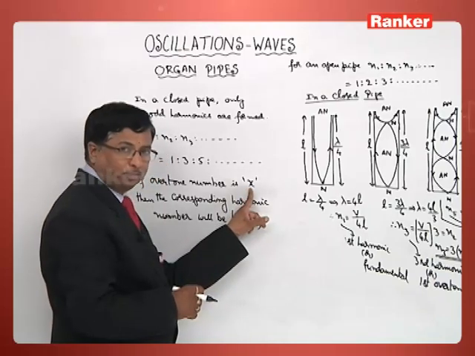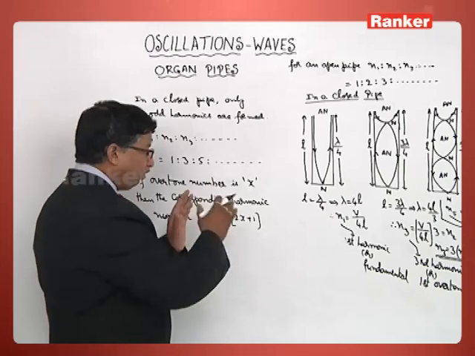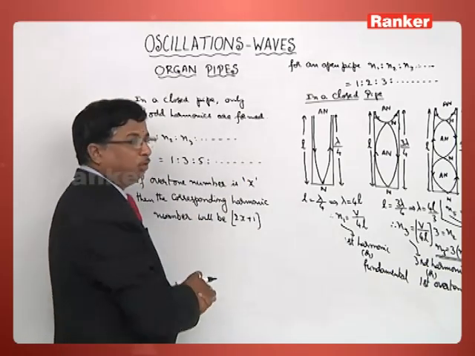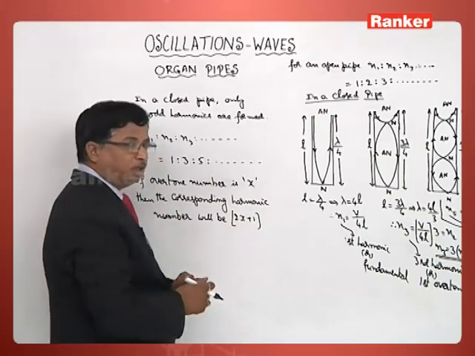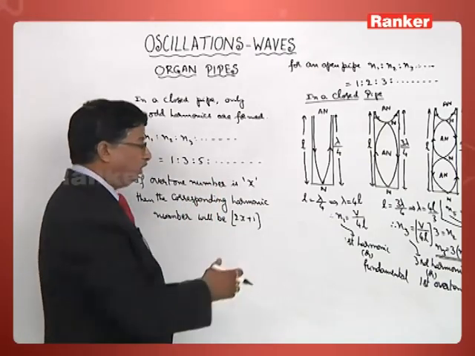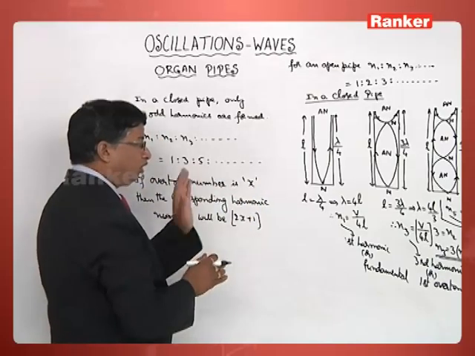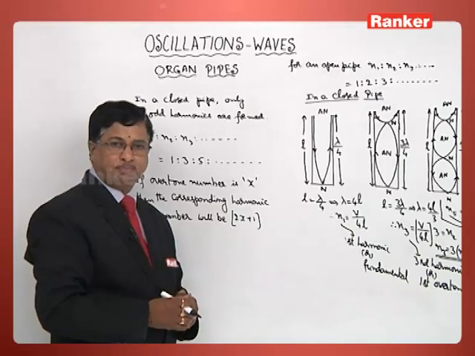Seventh overtone, 15th harmonic. So that way, if the overtone number is known to you in the case of a closed pipe, the corresponding harmonic number you can directly write. This is the way we can directly convert the overtone number into the harmonic number or vice versa.